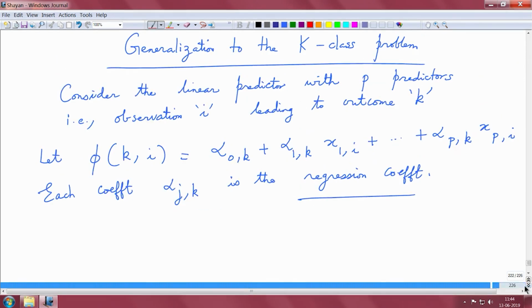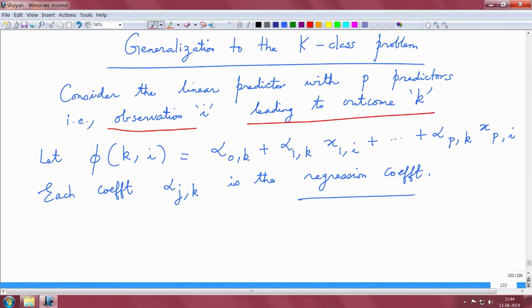Now our goal does not stop here, we can generalize it to the K class problem. Now consider the linear predictor with p predictors and observation i leads us to an outcome k.